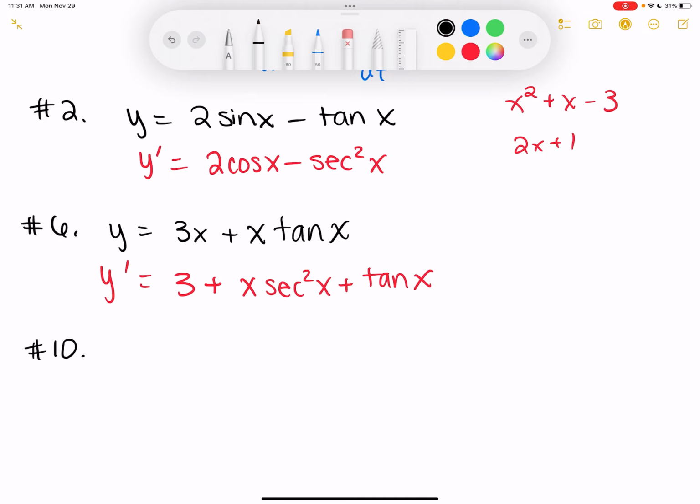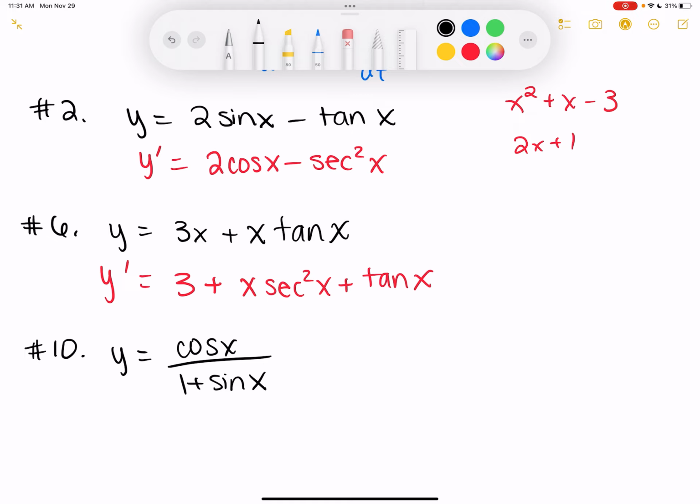Alright, so number 10, y is equal to cosine of x over 1 plus sine of x. So what rule do I have here? Quotient rule.